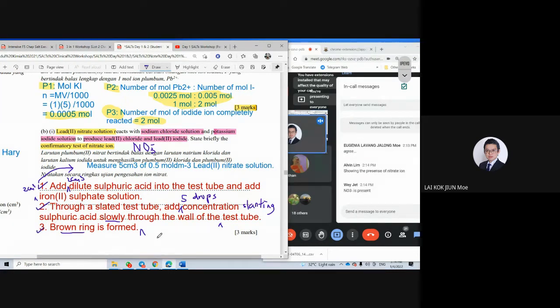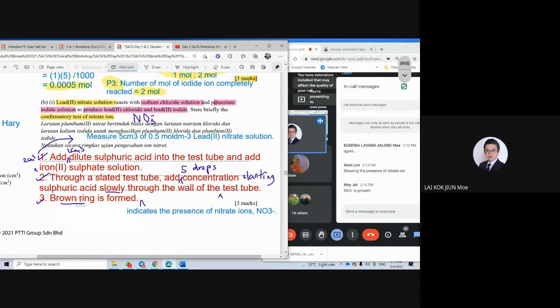Brown ring is formed, yes, show that, or indicate, we can use the word indicate the presence of nitrate ions. Or you can say NO3 minus. This is the best answer because you don't just simply say brown ring or precipitate is formed.